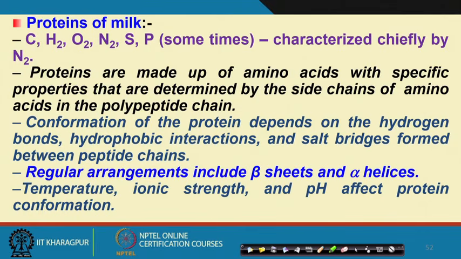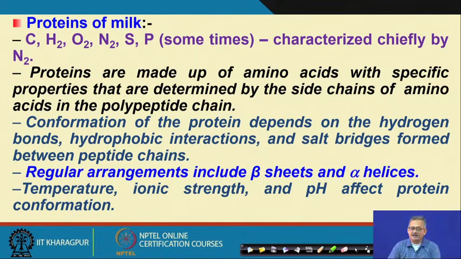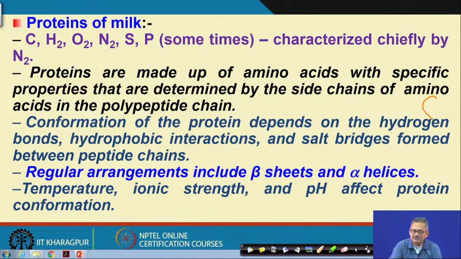So, the alpha helix is like a helical group, right. Helix means it is a helix as we know. So, this is like this and this is one and another is like that.